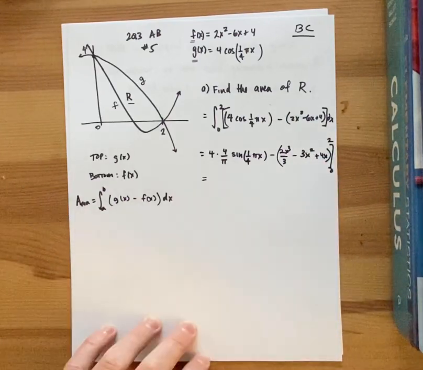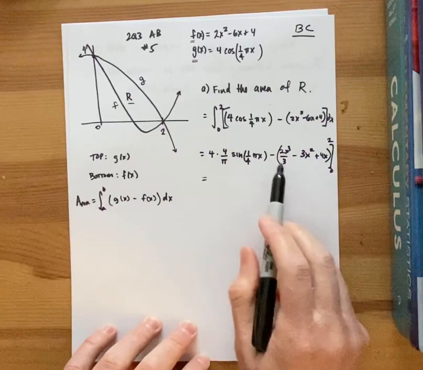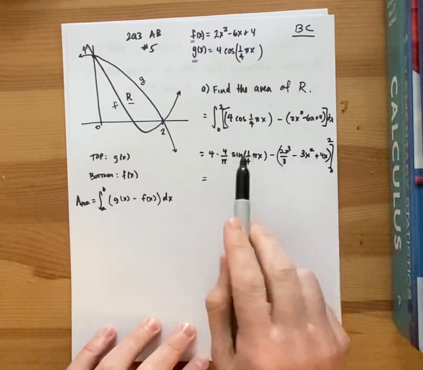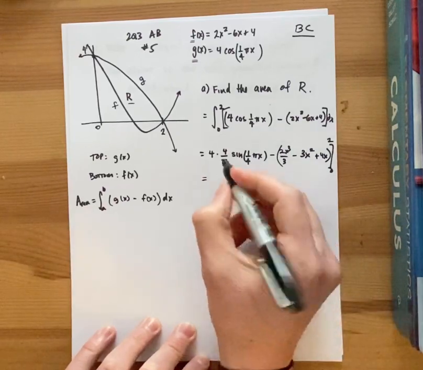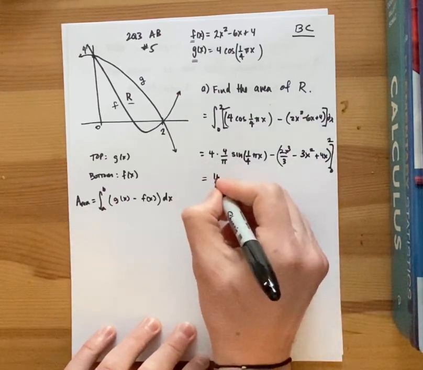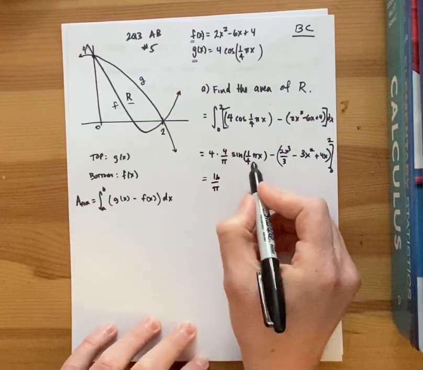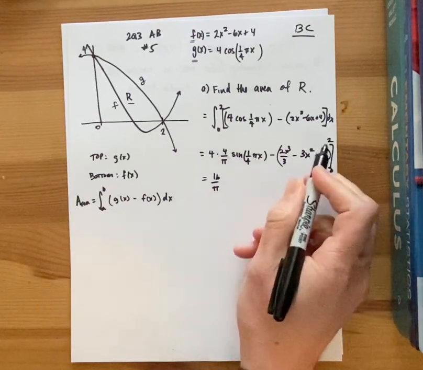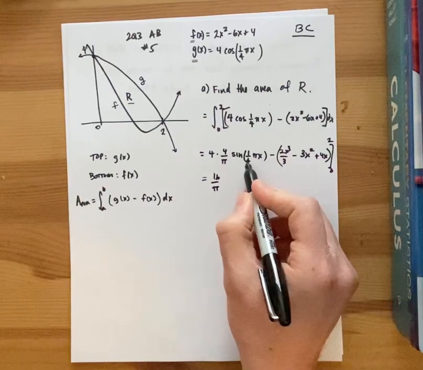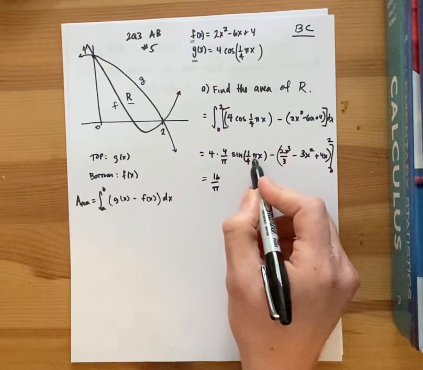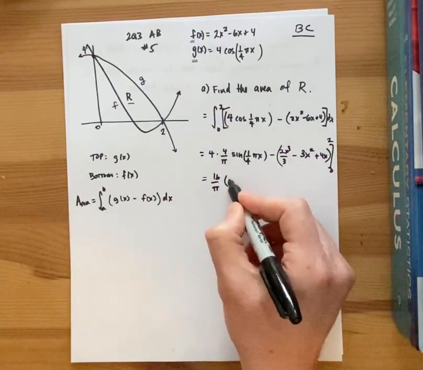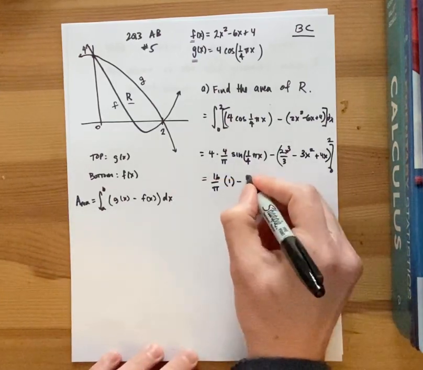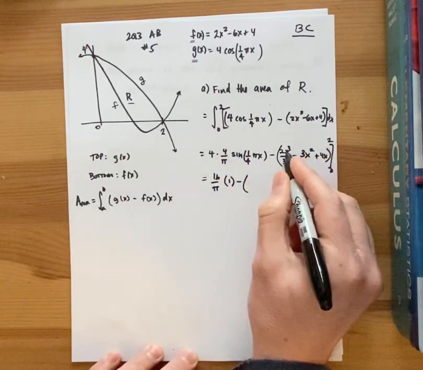Okay, so the 0 looks pretty good because that's going to cancel everything out. Sine 0 is 0. If you're plugging in 2, this is going to become 16 over pi. If I plug in 2 here, I get 2 times a quarter, that's 1/2 pi. So that's going to say sine of pi over 2, which is 1, times 1. So 16 over pi minus, plug in that 2.